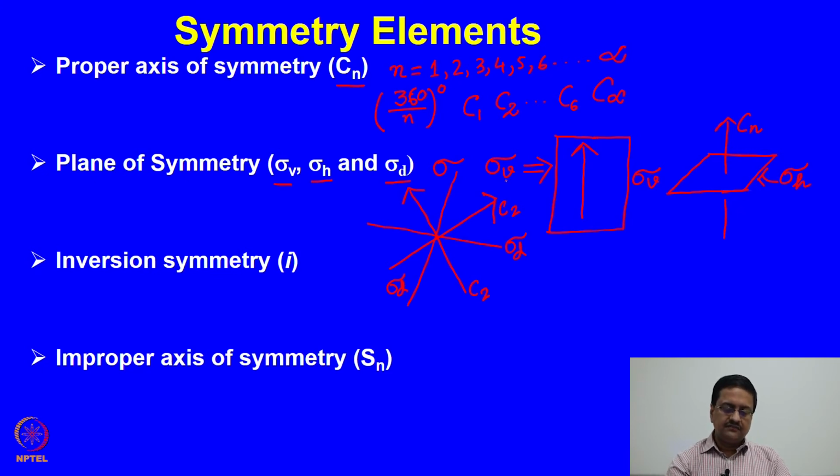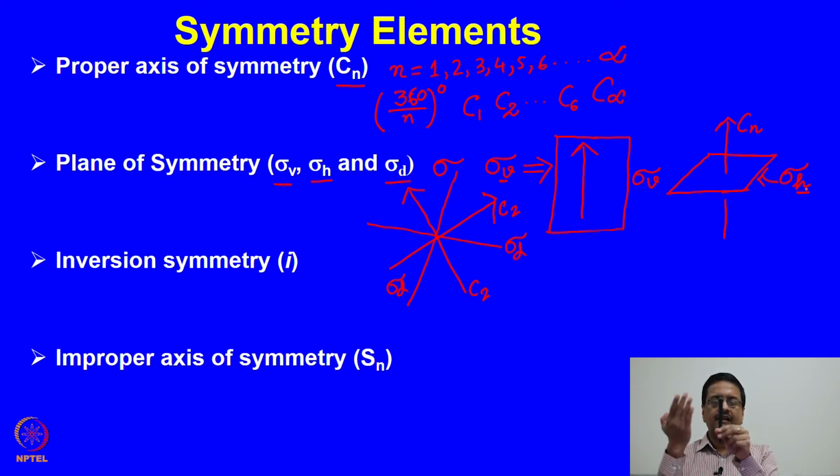The terminology V and H comes from the concept of vertical and horizontal. So, when we consider the principal axis of a molecule, we consider the principal axis to be perpendicular to the earth, so it is vertical.